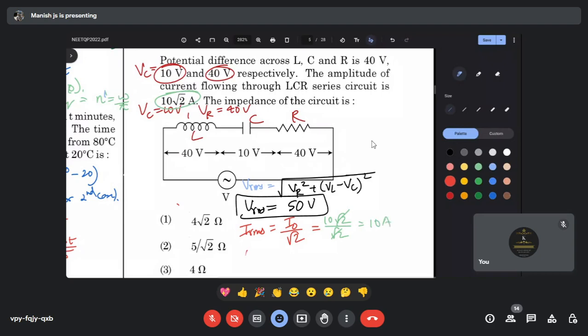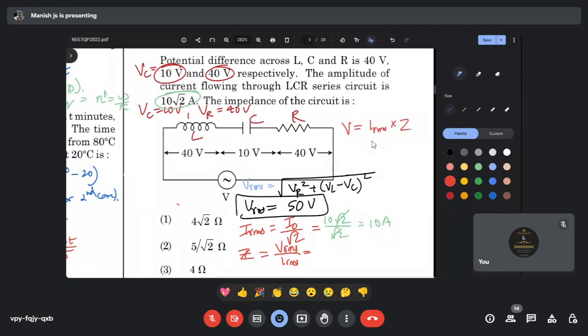10A. ஆமா. So what is the impedance now? The impedance is equal to VRMS upon IRMS. So VRMS relationship நீங்க யூஸ் பண்ணீங்கன்னா so V is equal to IR தானே, அங்க இருந்து வந்துச்சு அந்த ரிலேஷன்ஷிப்.